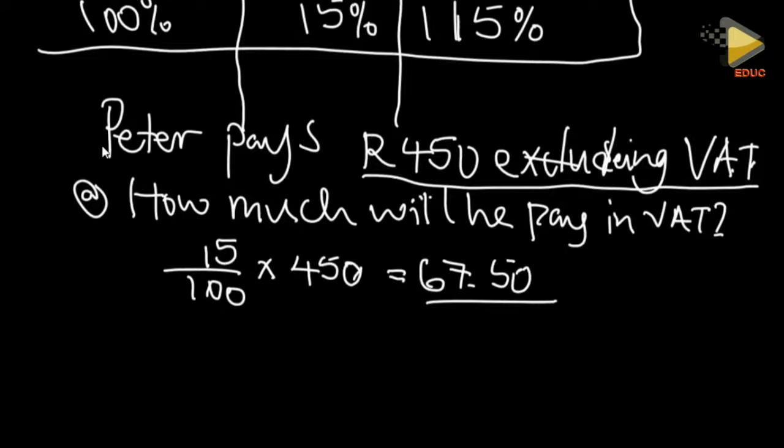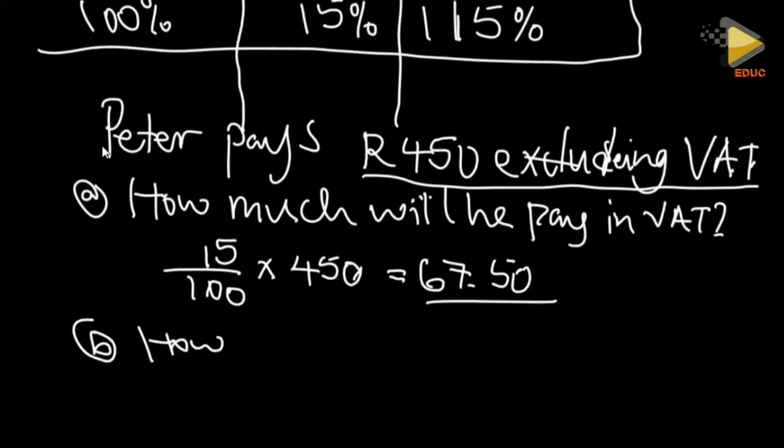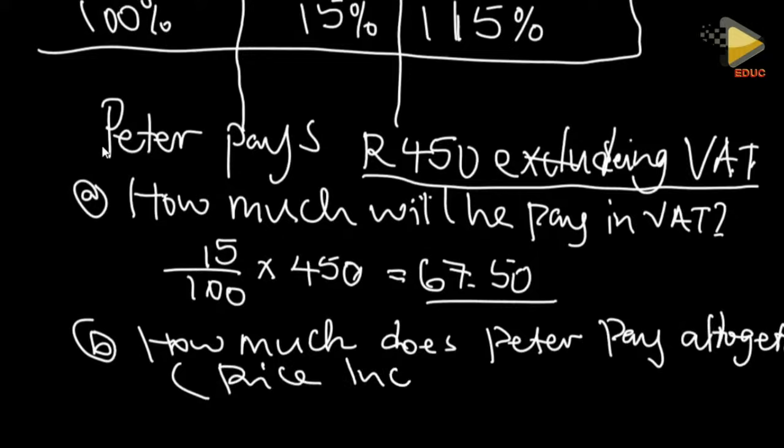Now maybe question number 2, they say, how much does Peter pay altogether? Altogether simply meaning now the price including what? Including VAT.